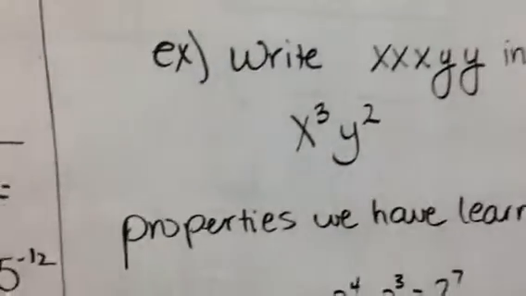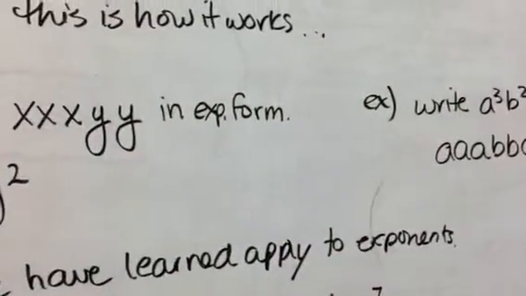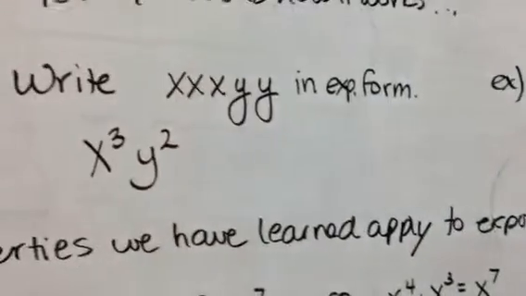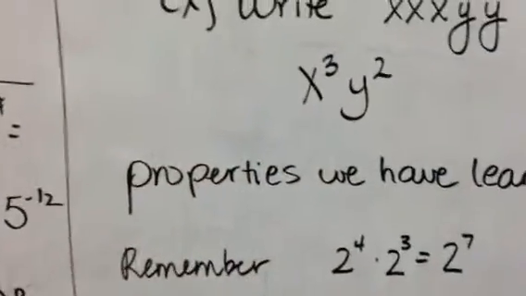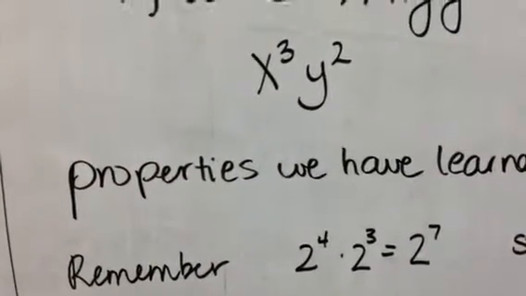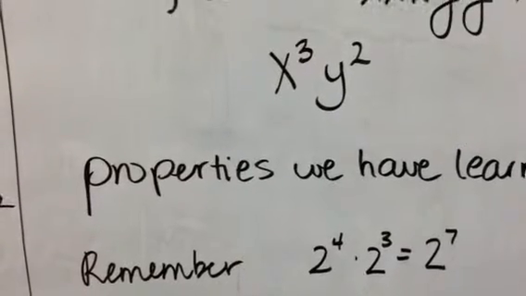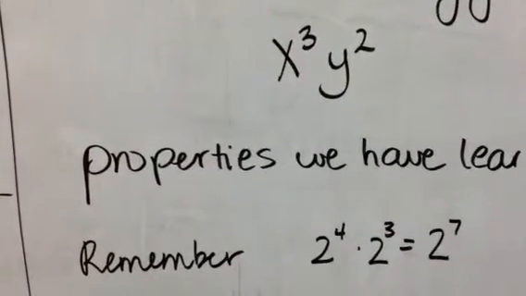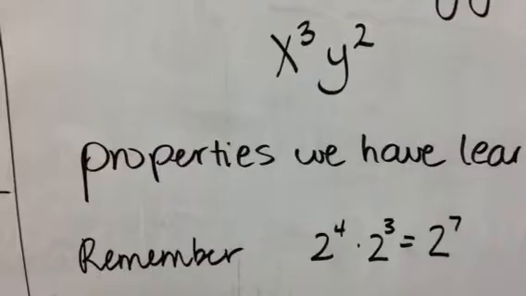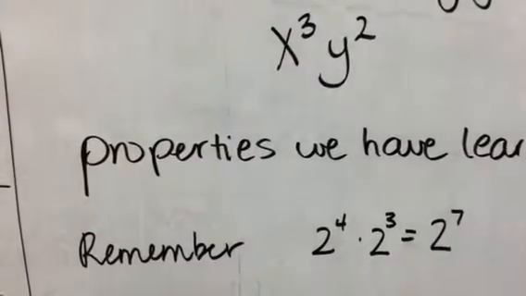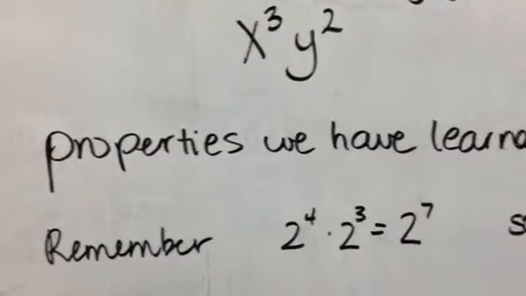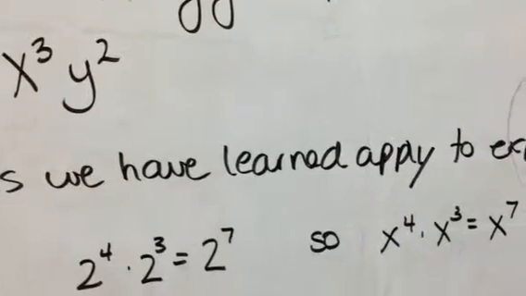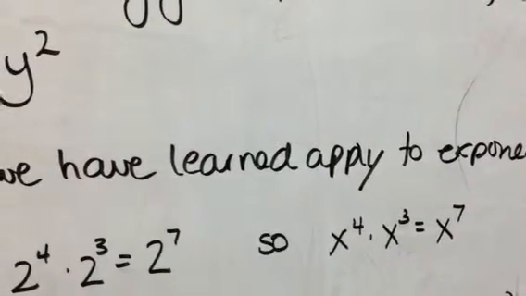Here are some properties we have learned about exponents that we're going to apply to variables. Remember that 2 to the fourth times 2 cubed, what we do is we take those exponents and add them. That becomes 2 to the 4 plus 3, so that's 2 to the 7th. If we did variables, we have x to the 4th and x to the 3rd.